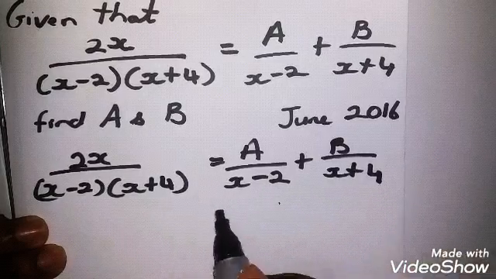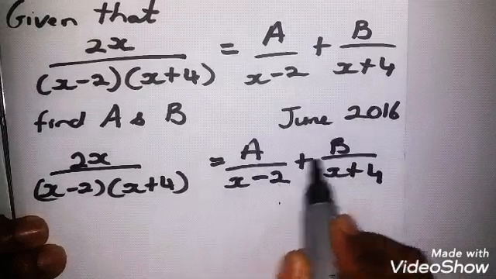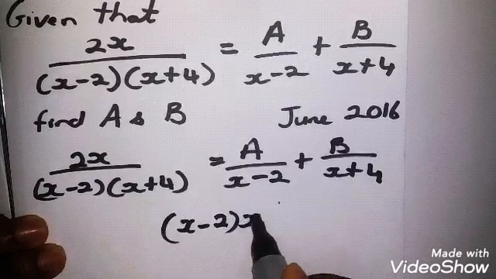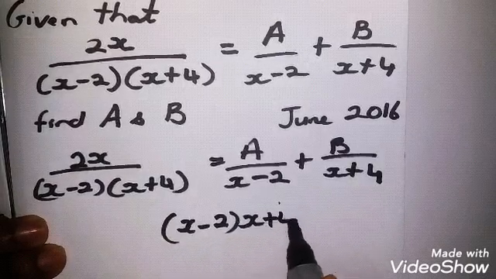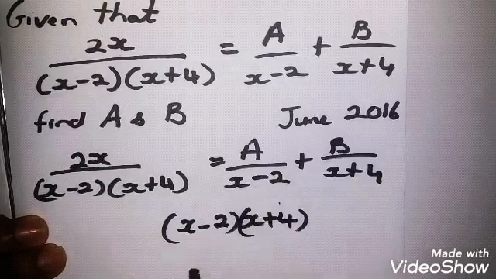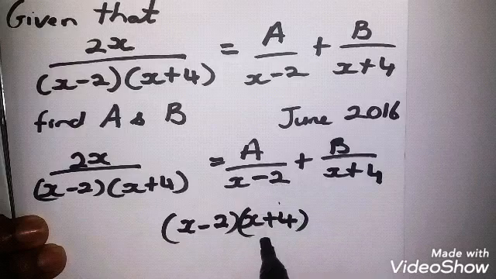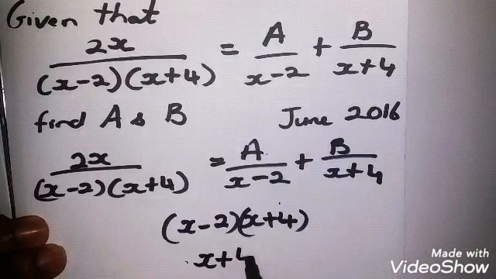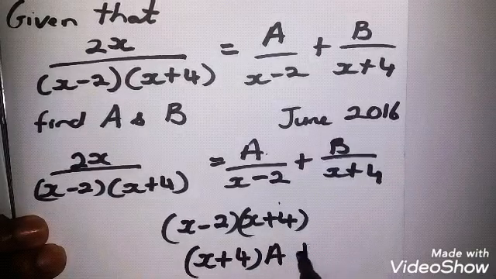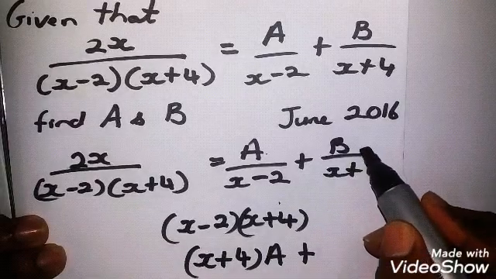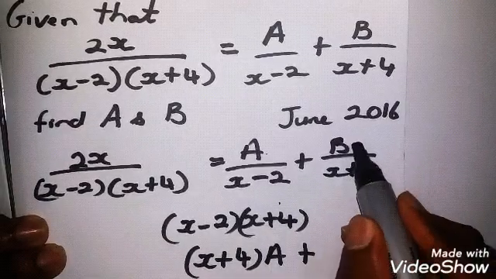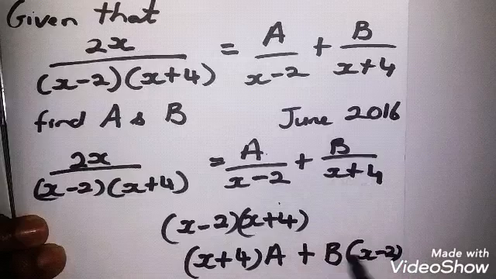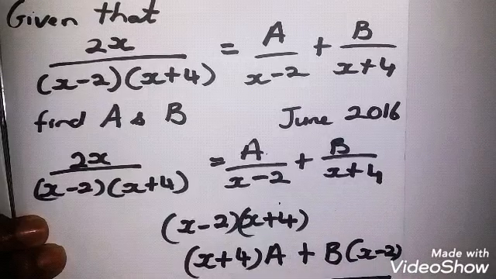So we multiply the multiple by all of this. x minus 2 will cancel out with this, so we'll be left with (x plus 4) times A, plus, when we take this multiple and multiply by this, x plus 4 will cancel out, so we'll be left with B times (x minus 2). This all over the multiple, which is (x minus 2)(x plus 4).